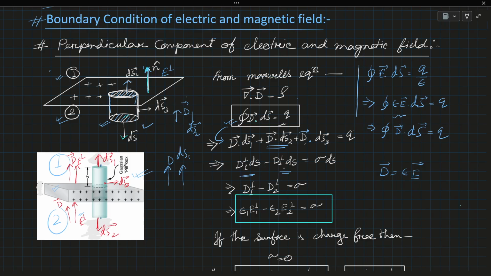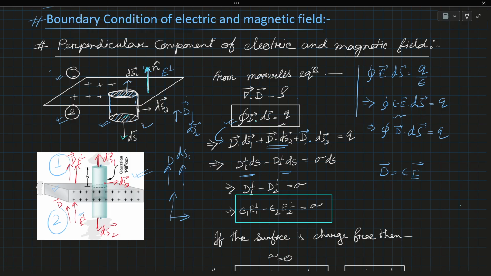So the dot product will be D2 perpendicular times dS2, since the electric field is in the second medium. I have written it as D2 perpendicular. And for D dot dS3, I am considering only the normal component. For the normal component, D is in this direction and dS3 is what?